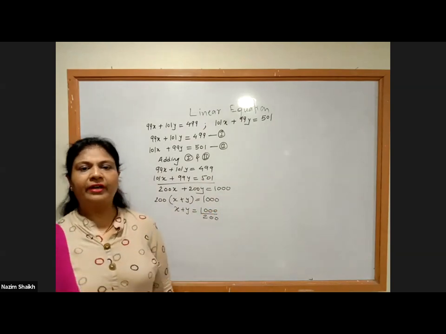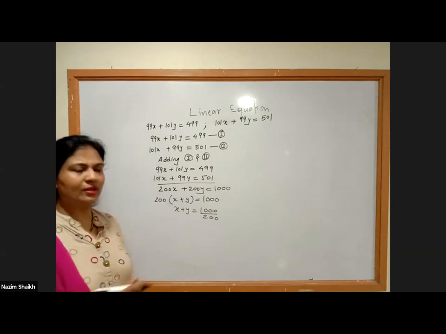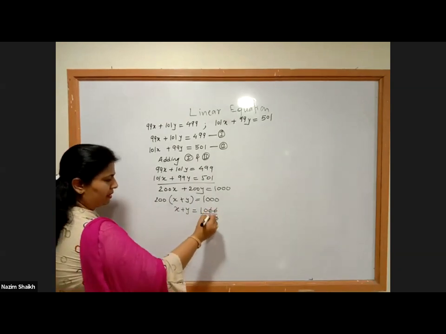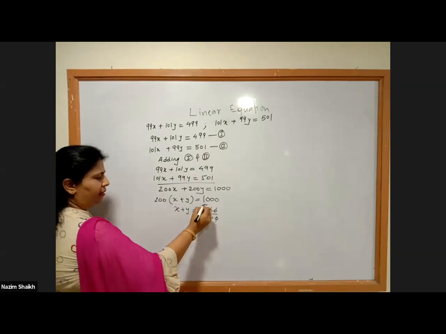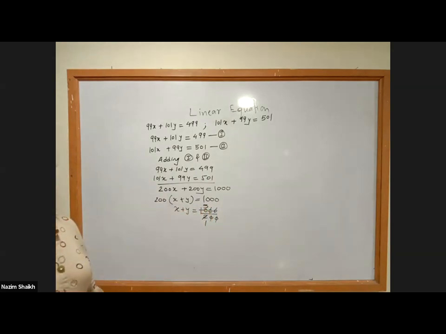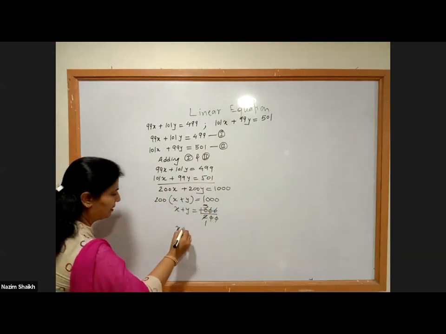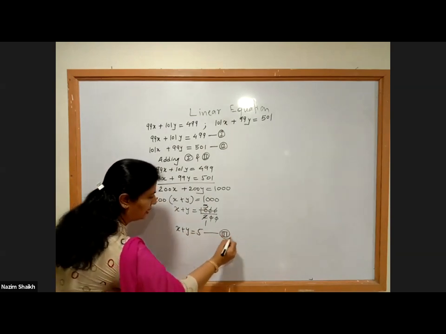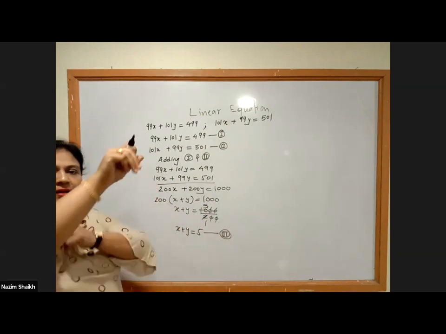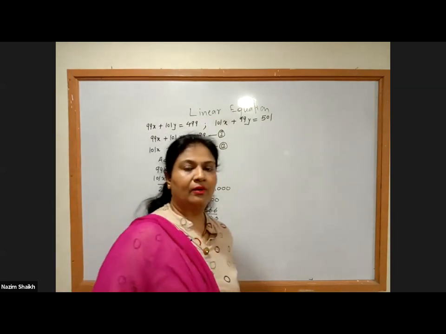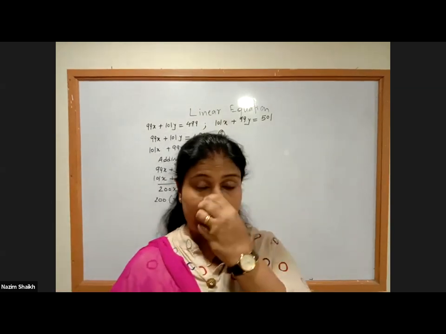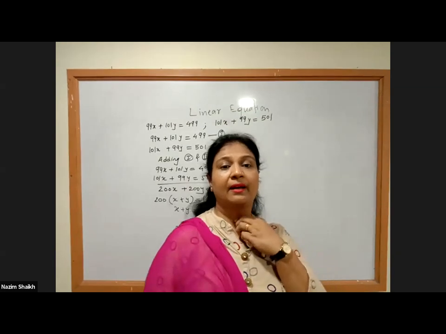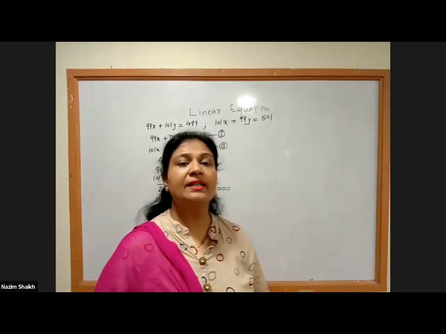Your favorite job, you like to cancel the zeros? So zeros cancel. 2 ones are 2, 5s are... So x plus y is equal to 5, and you got a new equation called equation number 3. So is it understood? Yes, so far we haven't got x and y. So we got a new equation that is in the form of x plus y.